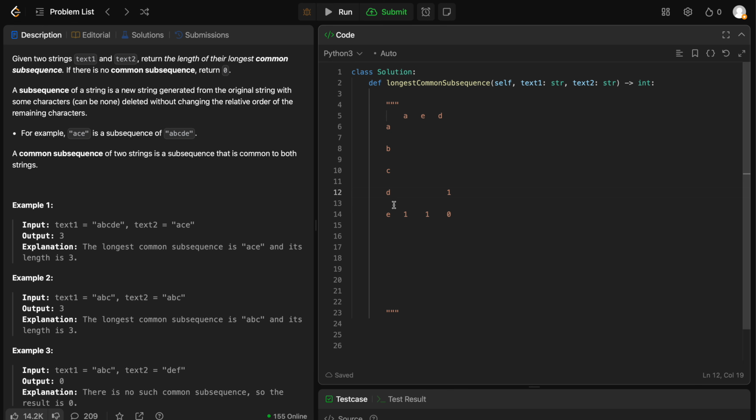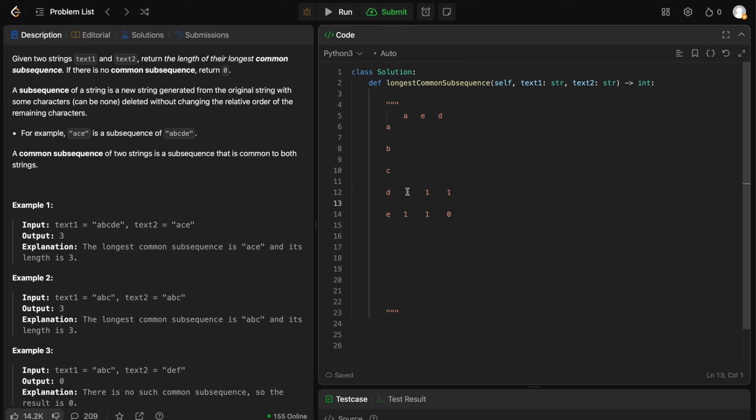So I would keep this again 1, because they do not match. And if they match, we can step up.